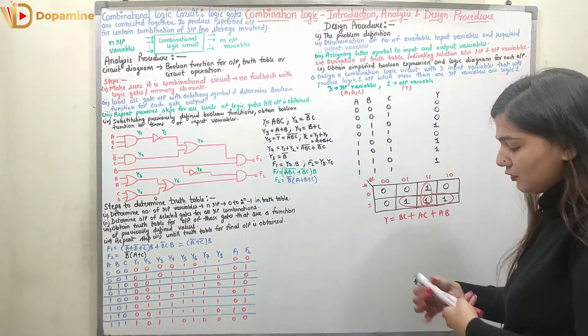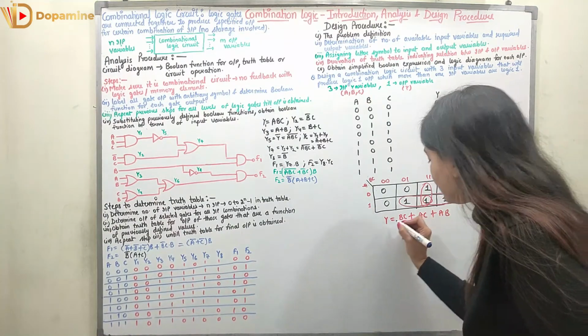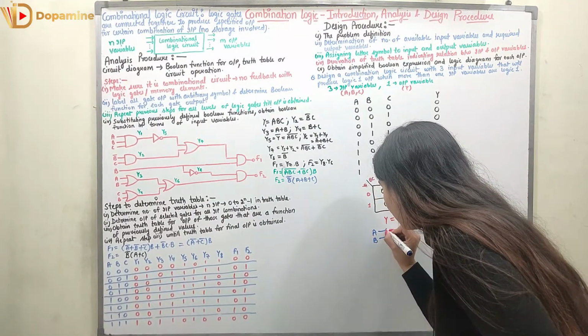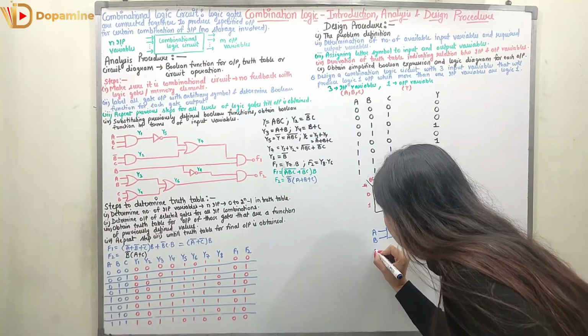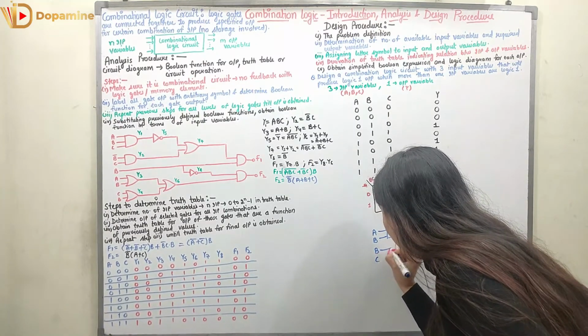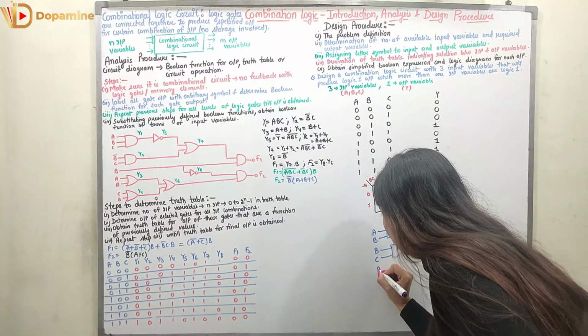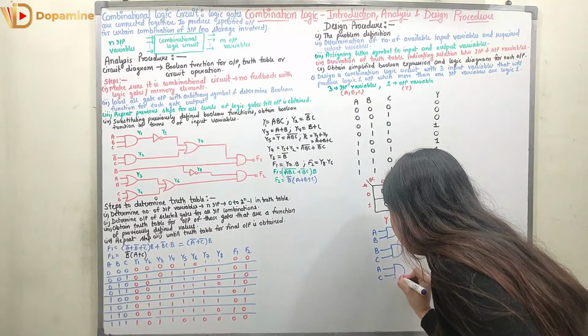Right, now I have to denote it with the help of the logic diagram. So we will be having AB, AC and BC. So we will take A and B, I am going to send it to AND gate, right. Then I am going to take B and C, I am going to send it to AND gate, right. I am going to take A and C, I am going to send it to AND gate, right.